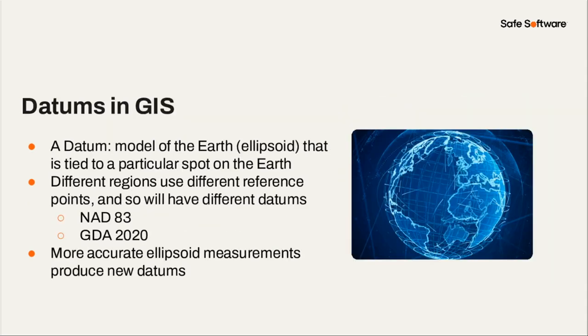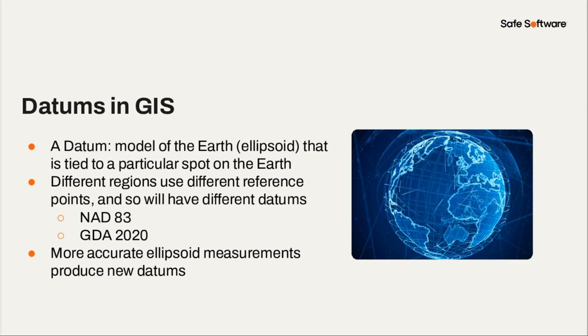So let's talk about datums a little bit, and datums in GIS. When we're talking about a datum, it's a model of the Earth, what we call an ellipsoid, that is tied to a particular spot on the Earth. Because it's tied to that particular spot, we need to have different datums depending on where in the world we're actually mapping our data. For example, we have NAD 83, which is the North American Datum.